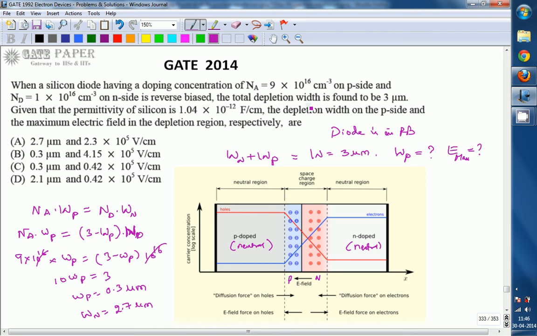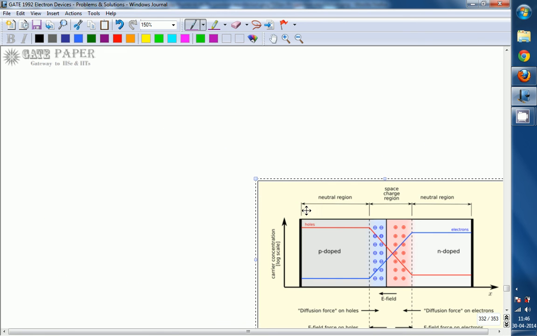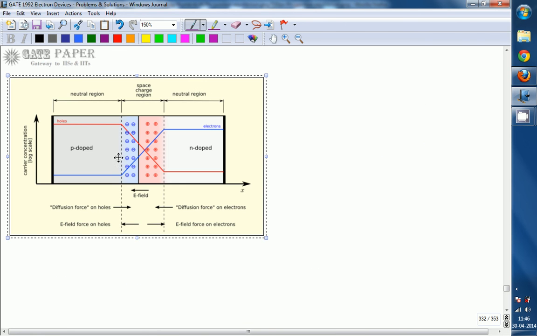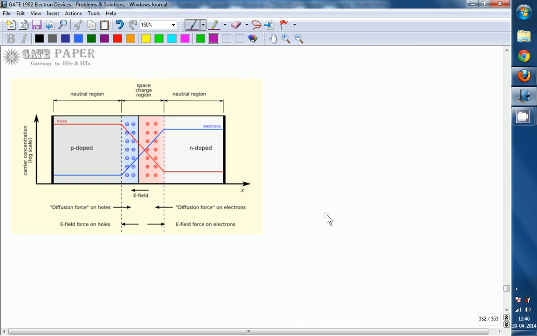Now we need to calculate the electric field. If you look at the PN junction, the electric field is 0 in the P side as well as in the N side, because they are neutral regions.